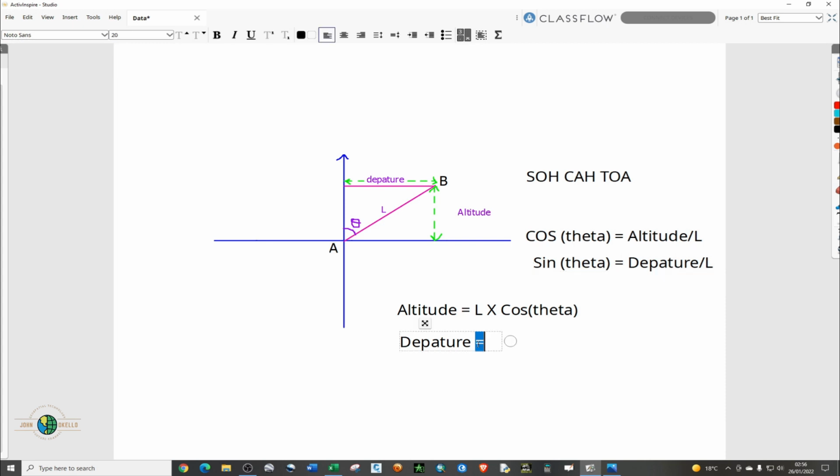So departure is given by L multiplied by sine theta.